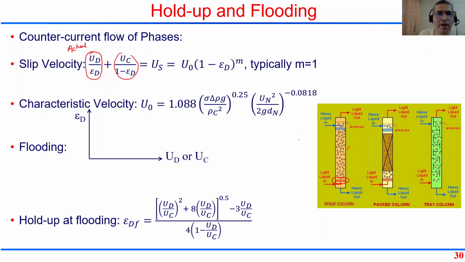UC divided by epsilon C, or UC divided by 1 minus epsilon D, would be the actual velocity of the continuous phase. Now, because they are flowing countercurrent to each other, the resultant velocity would just be the addition of the two. So this is your resultant velocity.